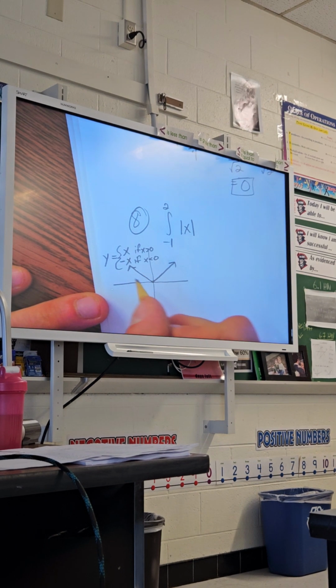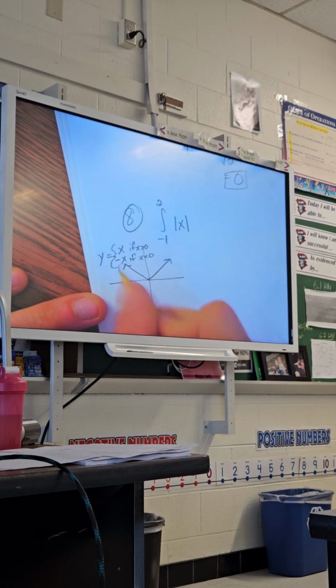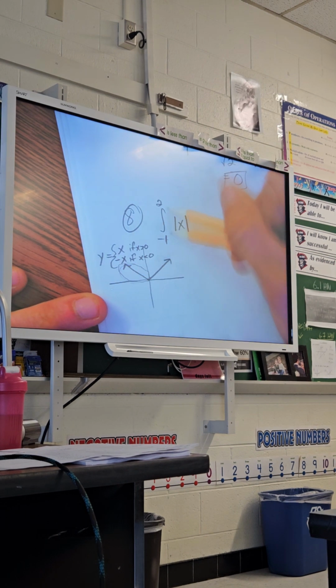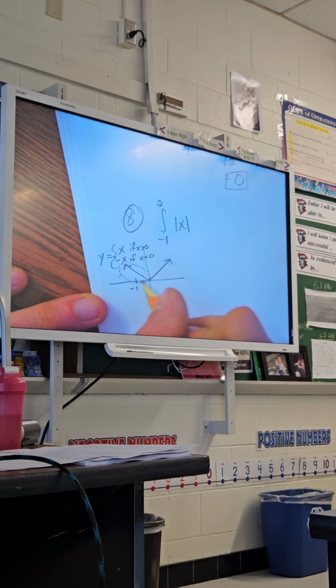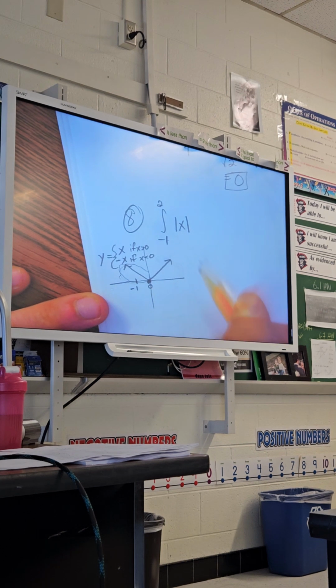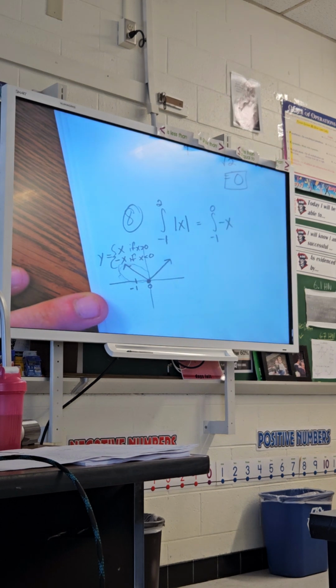If we're looking at negative 1 to 2, and I just want to use this side of the graph, negative x, what numbers should I be looking at on this interval? We would be right here, negative 1, all the way until 0. So from negative 1 to 0, I'm going to be looking at negative x.